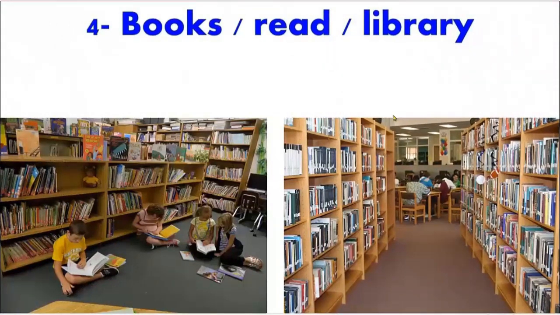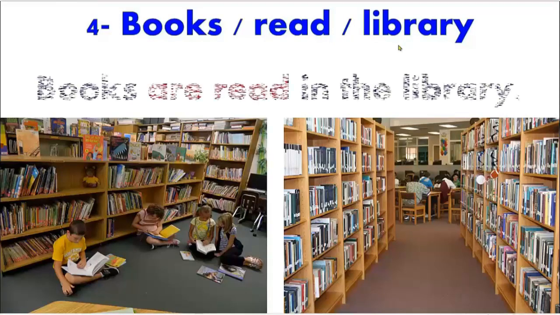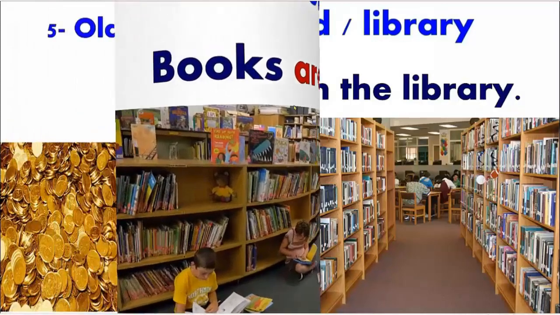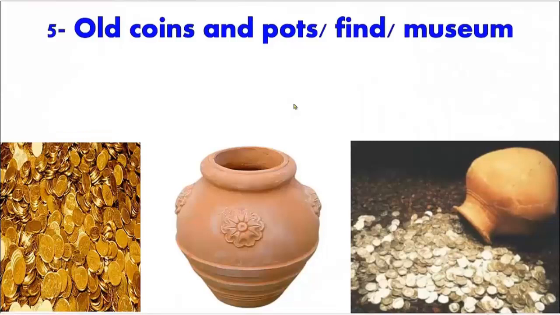Books read library. Books read library. Who can form a passive sentence? Okay, books are read in the library. Books are read in the library. 5. Old coins and pots find museum.